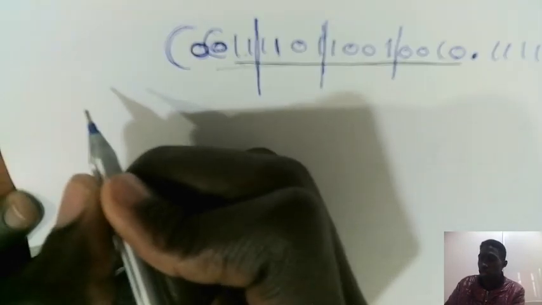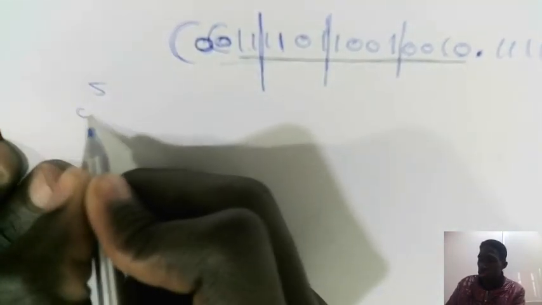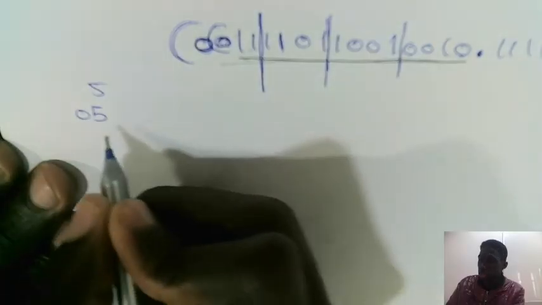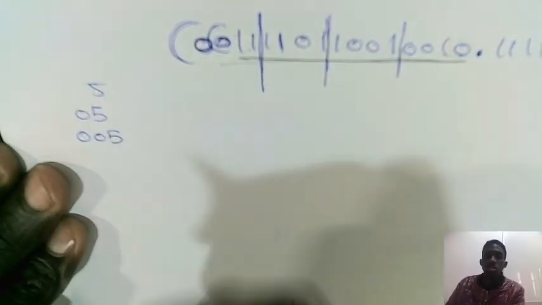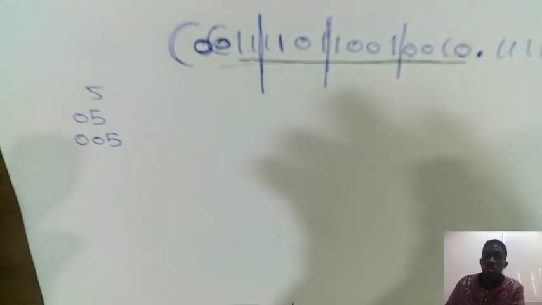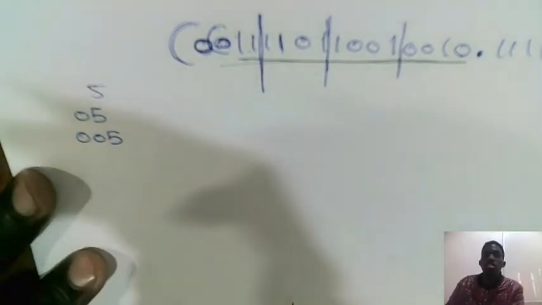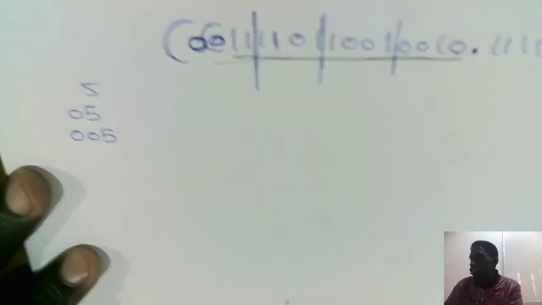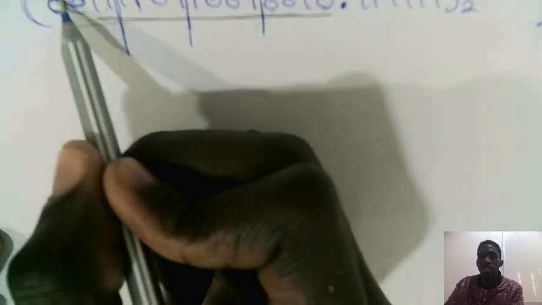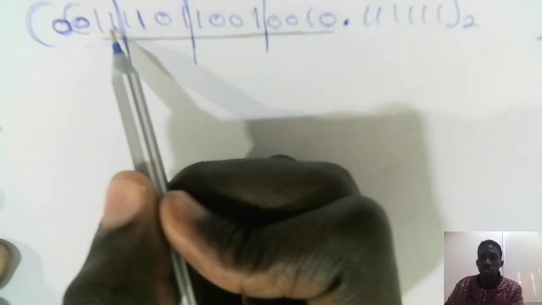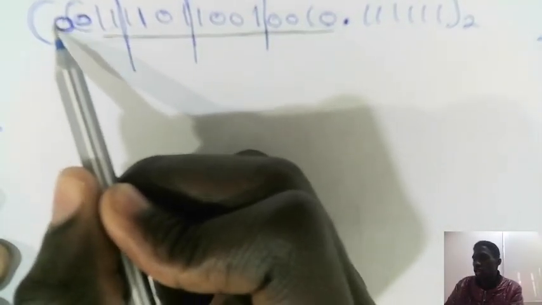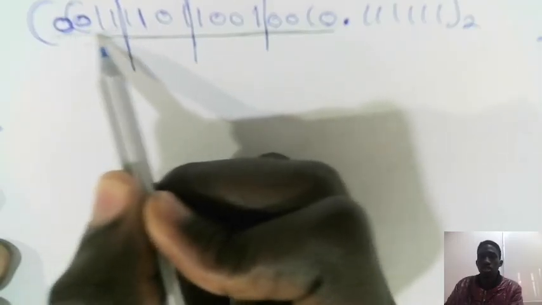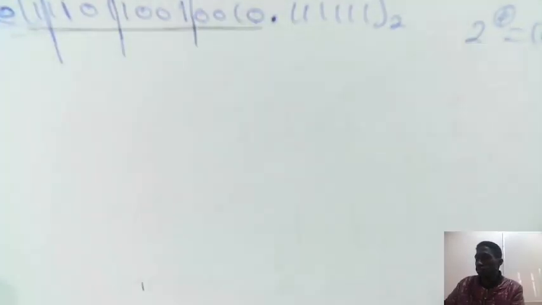For instance, 05 is the same thing as 5. 005 is still the same thing as 5. A million zeros before 5 is still the same thing as 5. So you can use that to fill in and get the total amount of bits you want, 4 bits. So I added 2 zeros to complete it, making it 4.